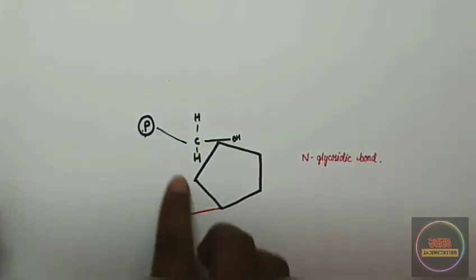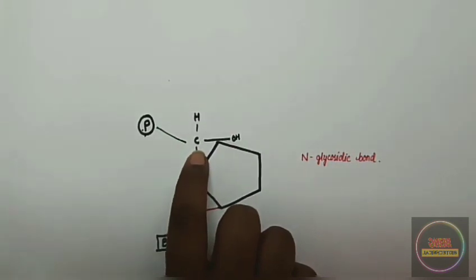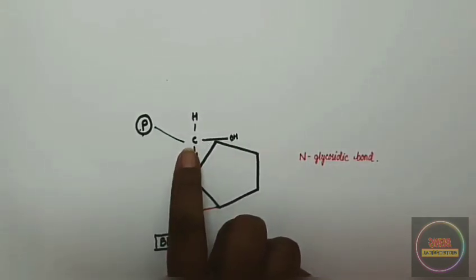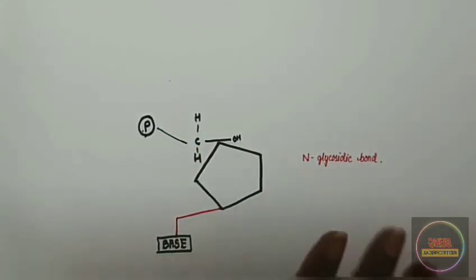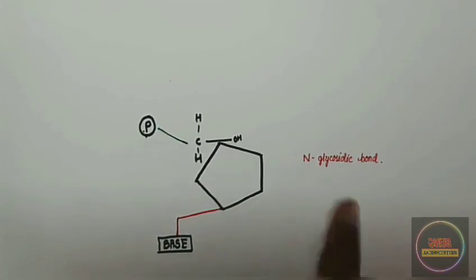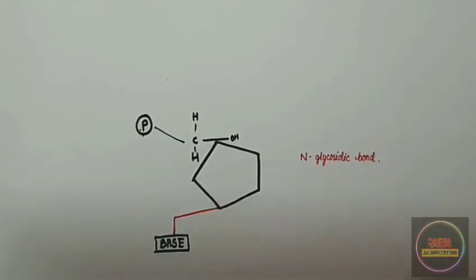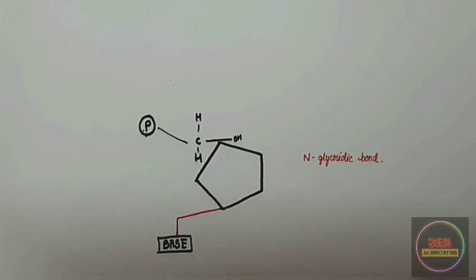So this carbon is not stable, because 2 hydrogen and 1 OH group are attached to it and the valency of carbon is 4. It still needs to get attached to one more compound in order to be stabilized. So that's why this phosphate attaches to this carbon of the pentose sugar.